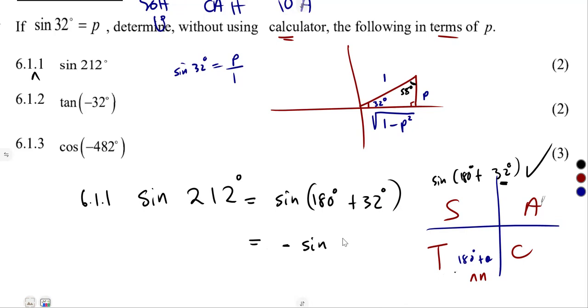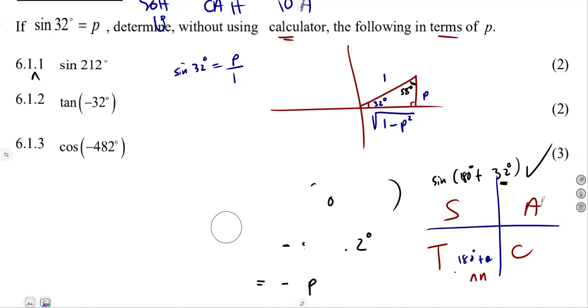So it is going to be negative sine theta, our theta being 32 degrees, which we are already having there. Sine 32 is p. So our answer is going to be minus p. This part we just needed to substitute the p in place of sine 32. All right, let's consider another question.